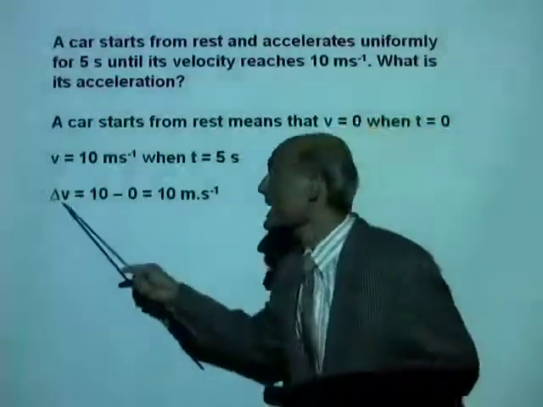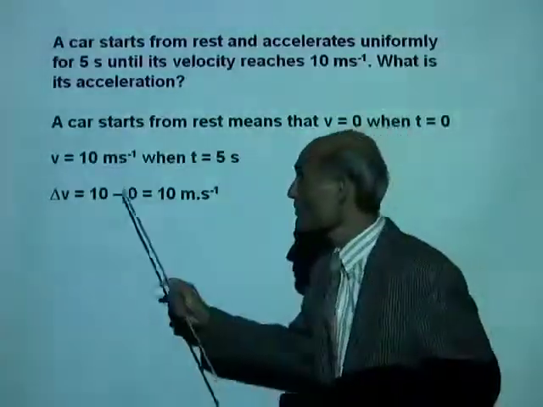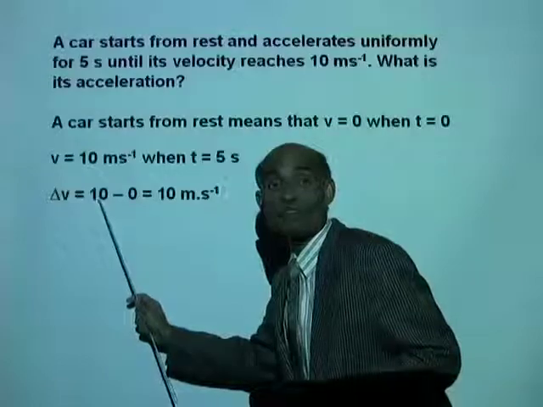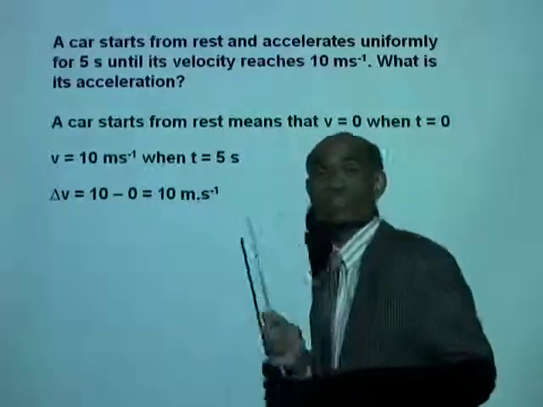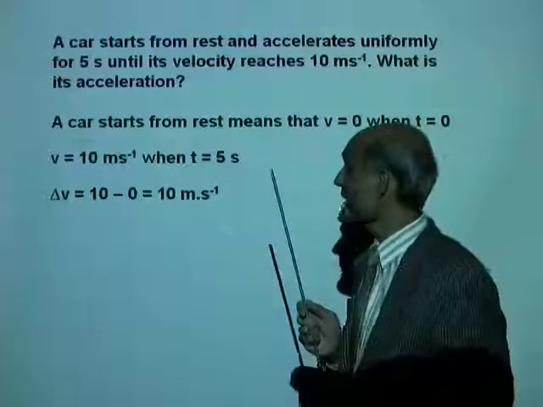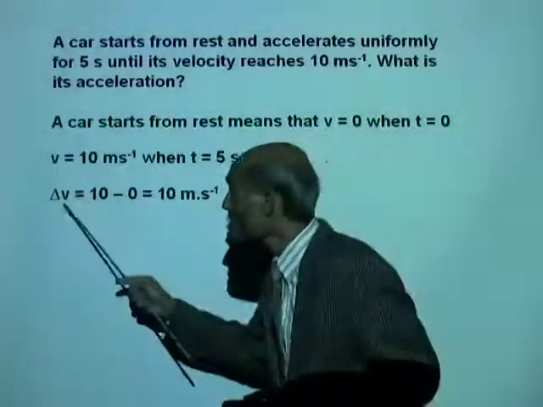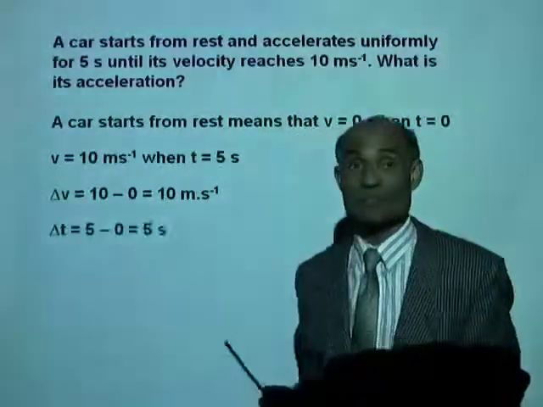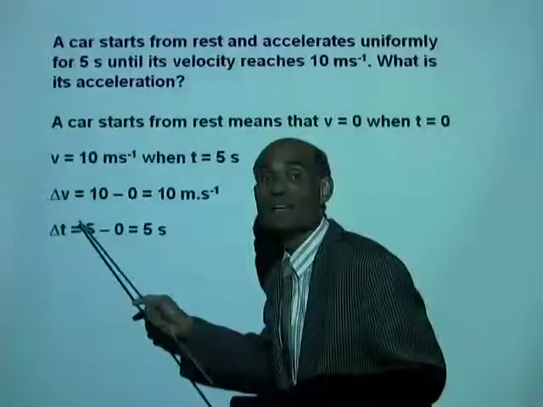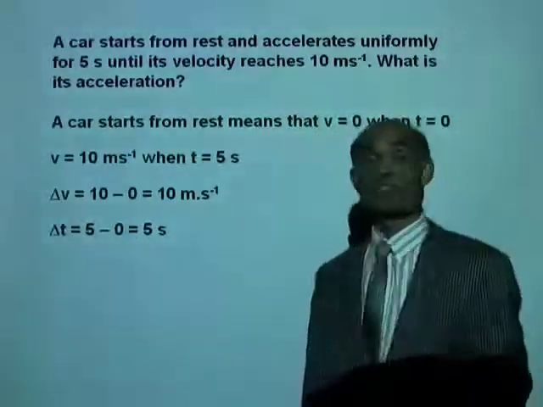Therefore, what is delta v, the change in velocity? The change in velocity is the final velocity minus the initial velocity. The velocity changed by 10 meters per second. Now, this change in velocity occurred in what time interval? Delta t equals 5 minus 0, that is 5 seconds.